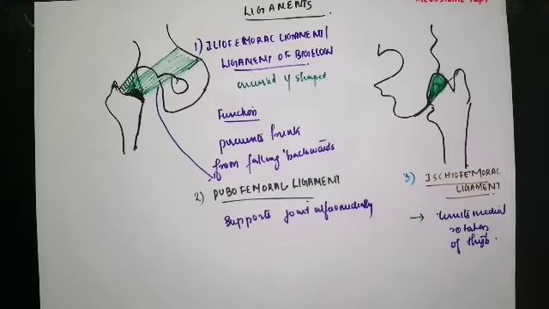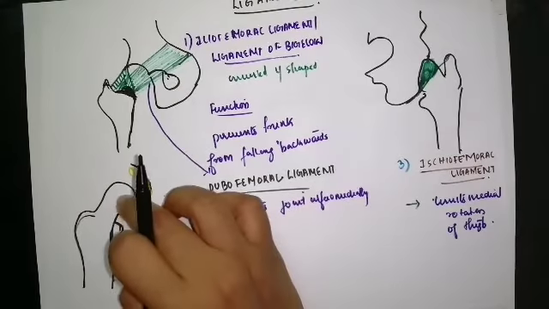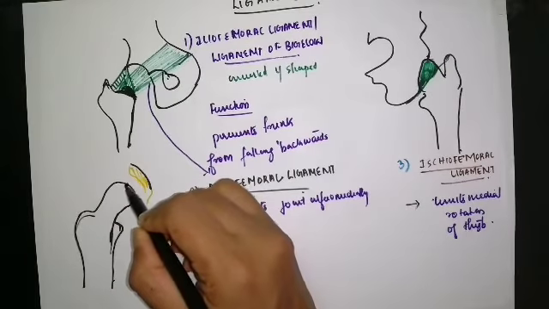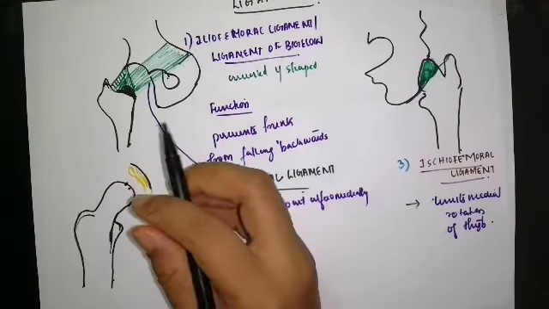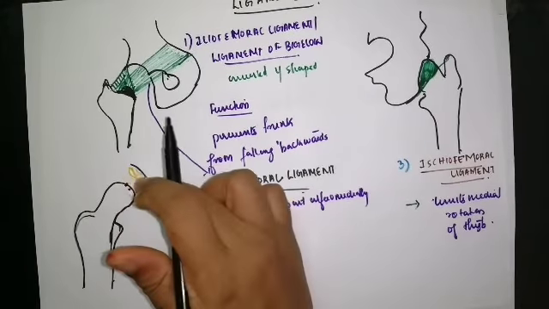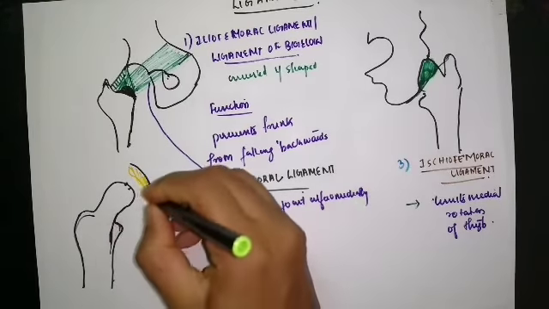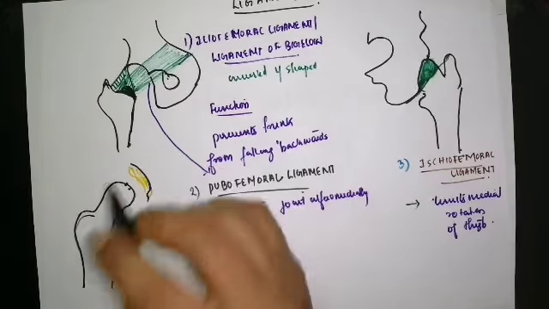And so in this way you can see that this is the head of the femur, and the head of the femur bears a central pit or depression which is called the fovea. And if this is the acetabulum, we can see the Haversian pad of fat, and there below there is an acetabular notch here. So this is the acetabular notch.